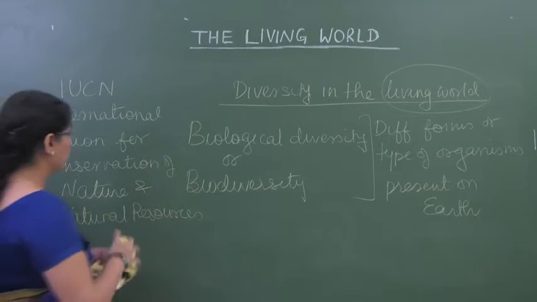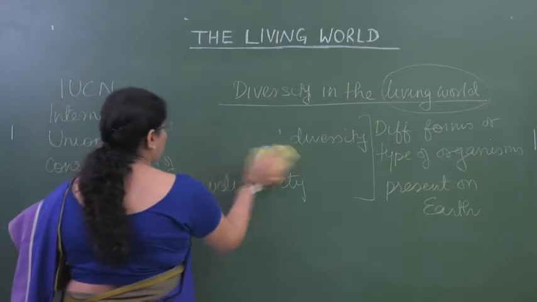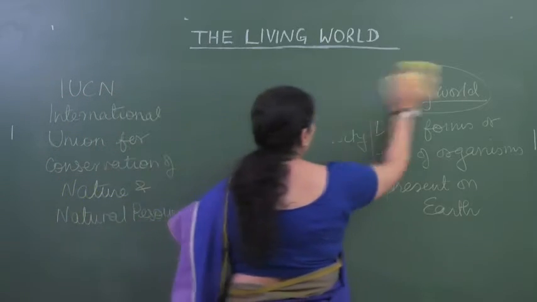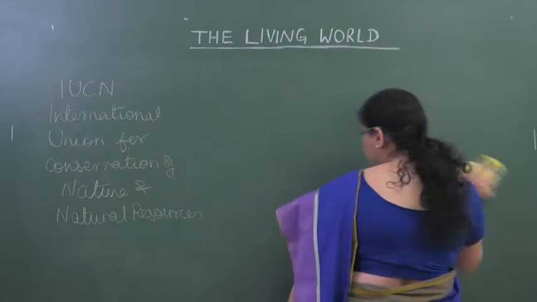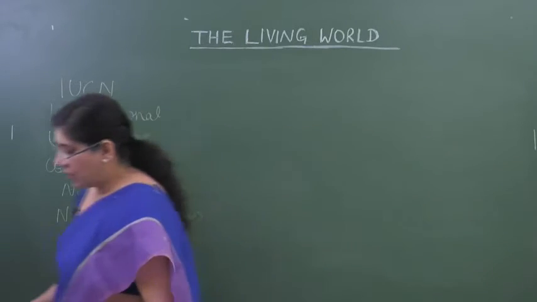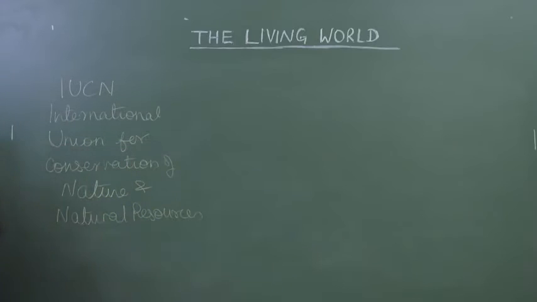According to this association, this is our main association which studies biodiversity, changes which are occurring in it, how to conserve it, right? So I have got some answers. Vidushi, International Union for Conservation of Nature. Ashish has given a better answer, International Union for Conservation of Nature and Natural Resources. So Vidushi and others, please change it to nature.